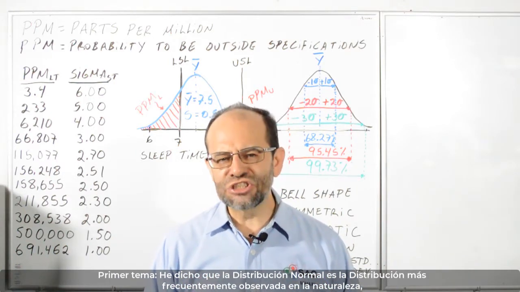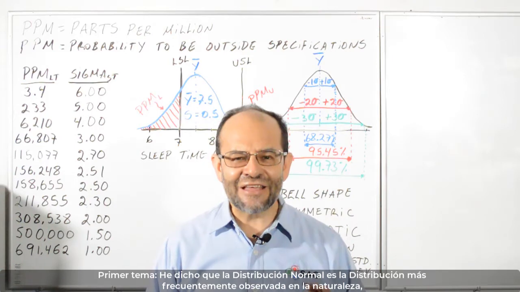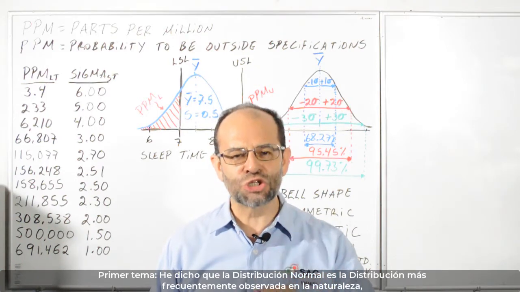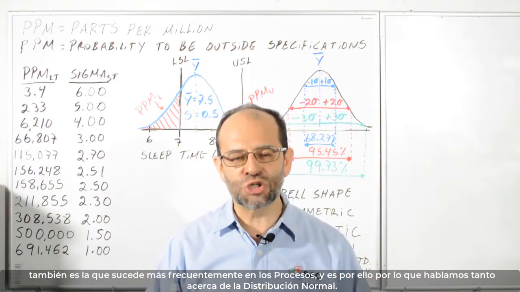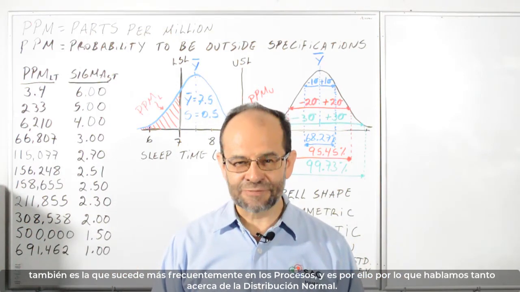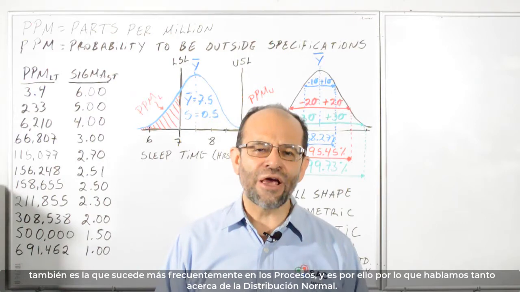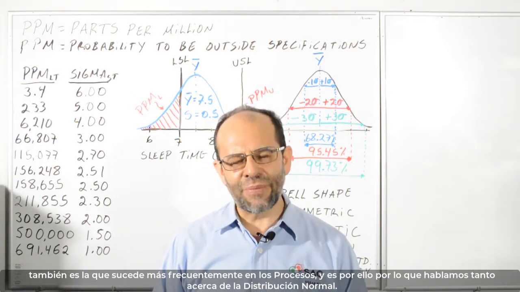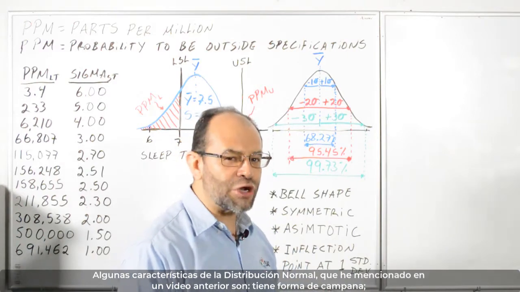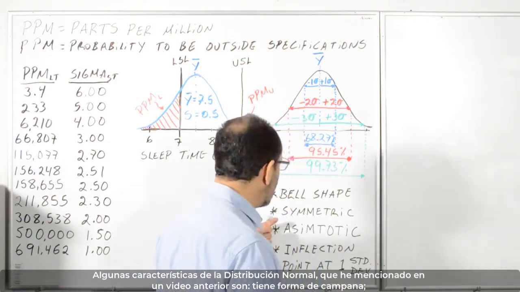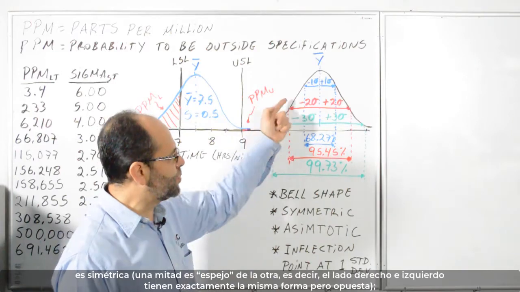First, normal distribution. What I have said is that that is the most frequent distribution that happens in nature. That is also the most frequent distribution that happens in processes. And because of that, that's why we talk a lot about the normal distribution. Some characteristics about the normal distribution, I have said in a previous video that this is bell-shaped.